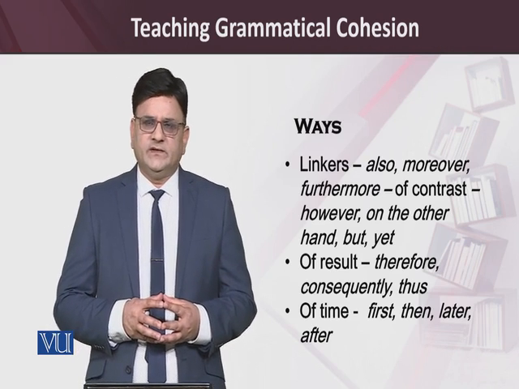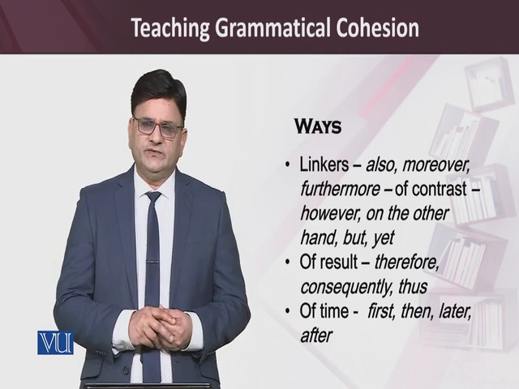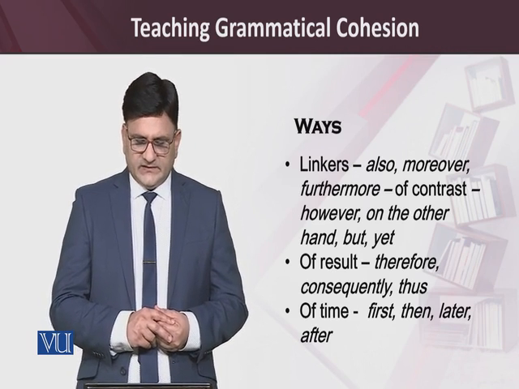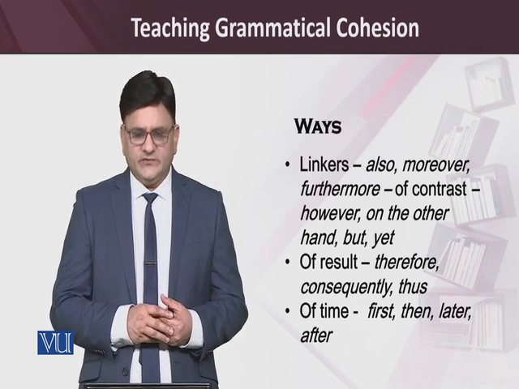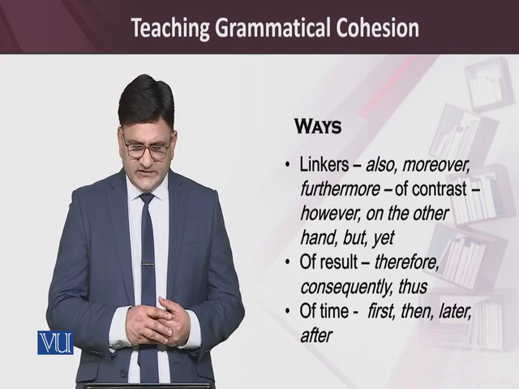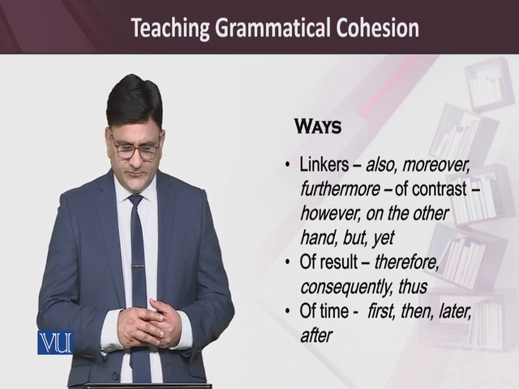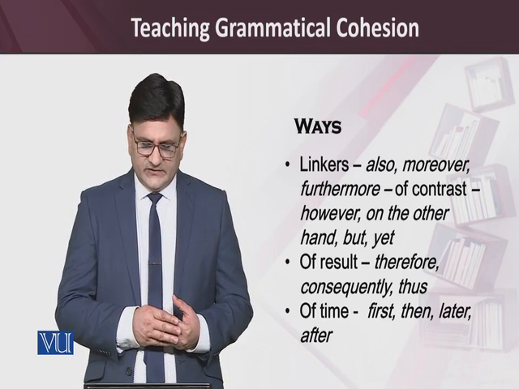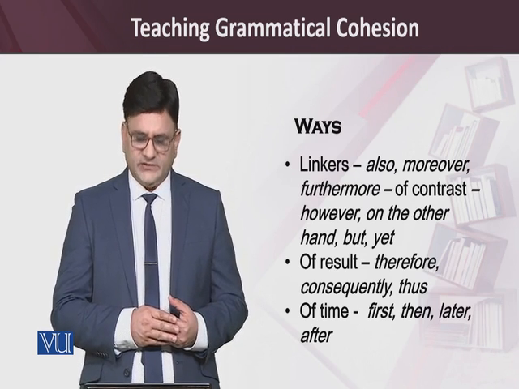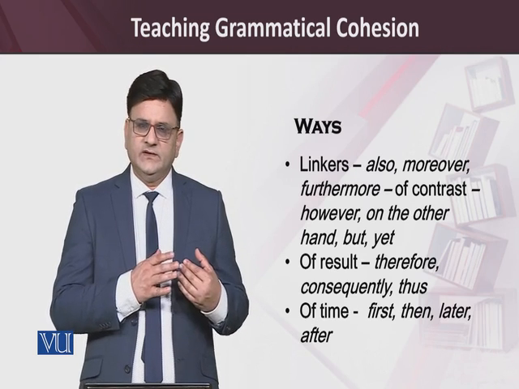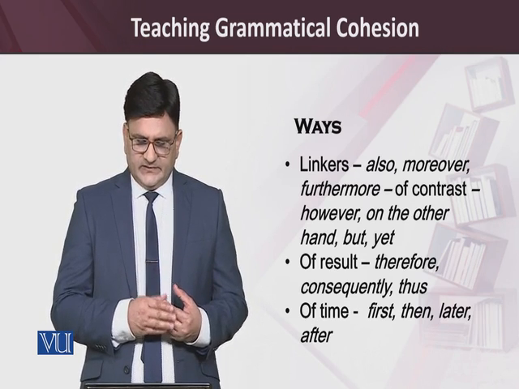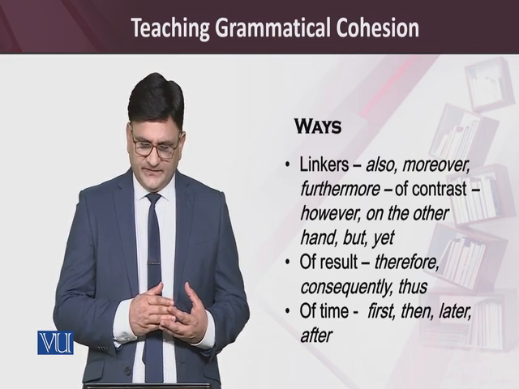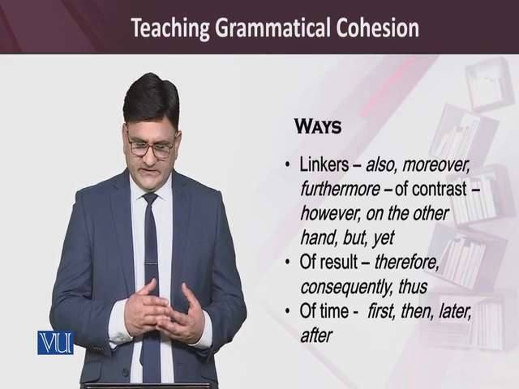Apart from that, we can teach our students to use some linkers, some linking words, which bring about grammatical cohesion. For example, in addition to, moreover, furthermore, and then the comparative choices, for example, however, on the other hand, although, yet, then of result, therefore, consequently, conclusively, thus.